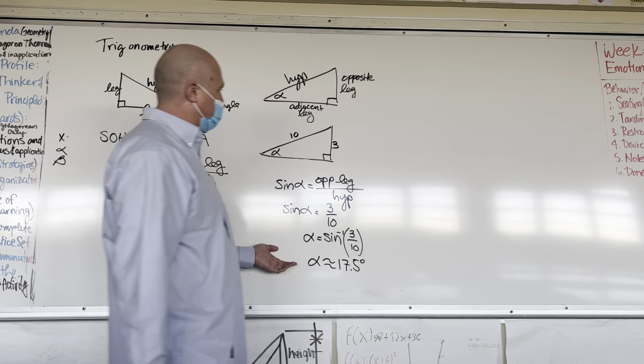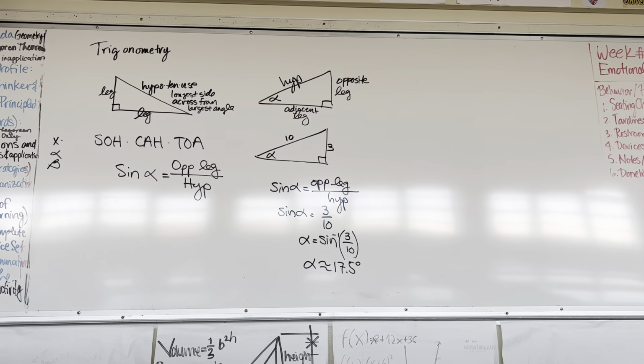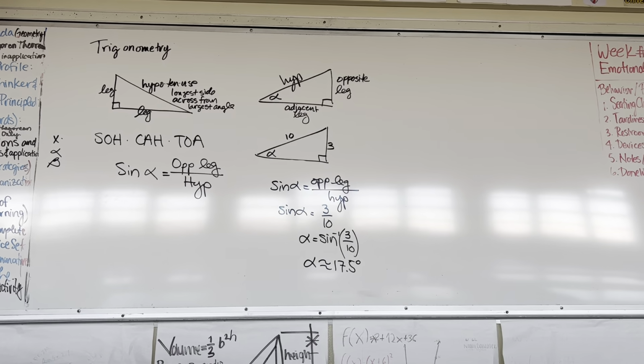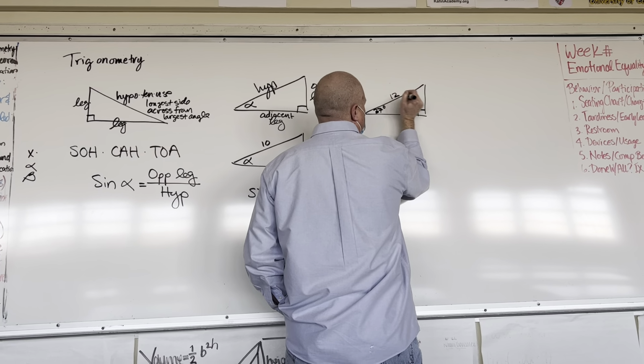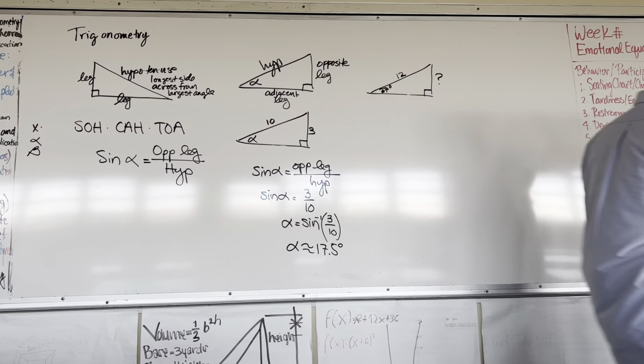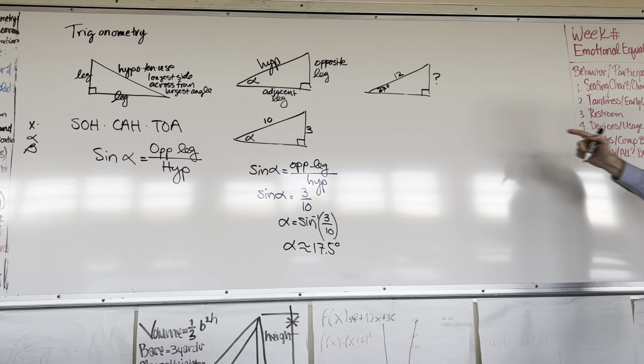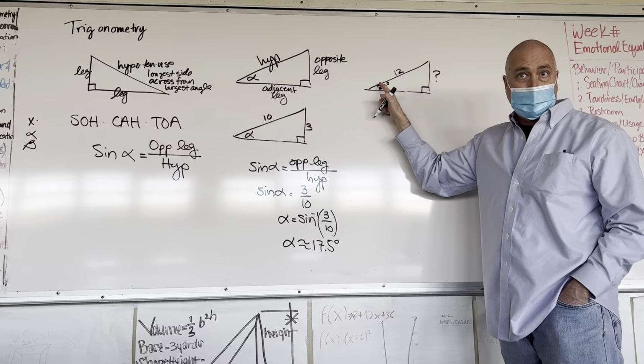Okay, let's do one more example. Here's another one: 37 degrees, 12, question mark. Did we draw it right? Given a right triangle, we now know the measure of the angle.